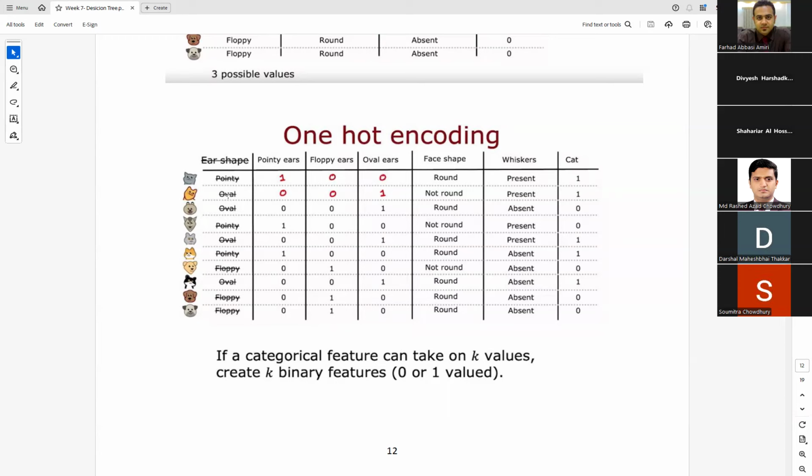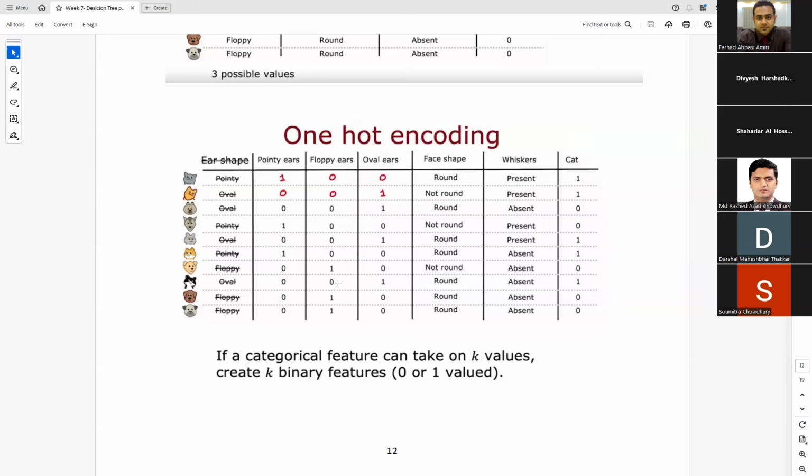For the second training example, this column with value 1 is more important than the other two, which have 0 values. For each training example, just one of them is more important and has the value of 1.